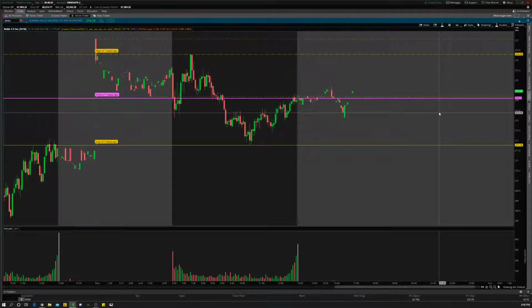Well, if the price action's above this pink line, that's a bullish sign. So that can give us an idea of where the stock was. We know where the stock was, and we can kind of gauge where it might be going.